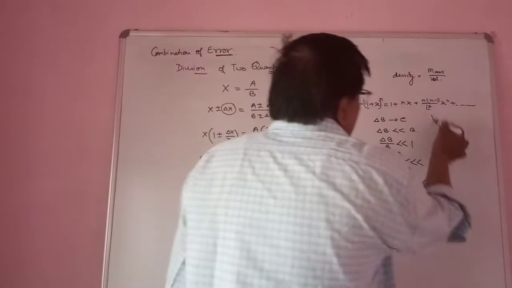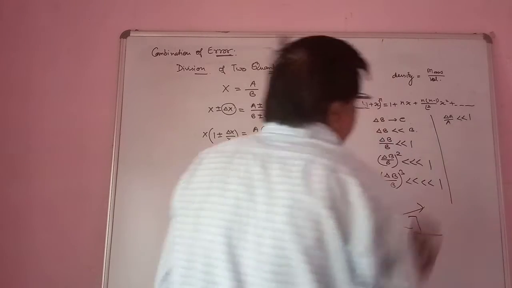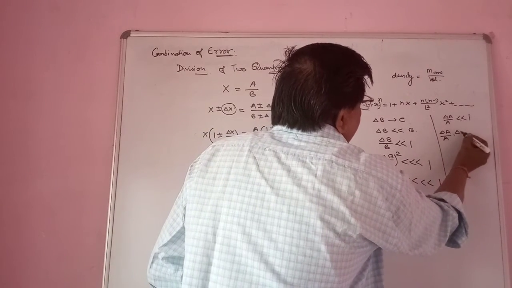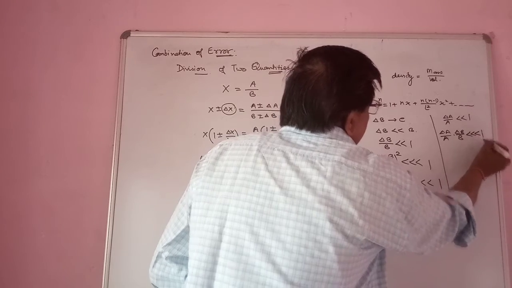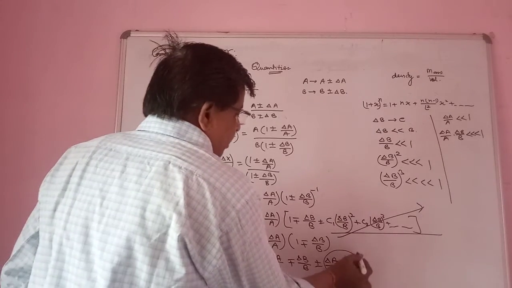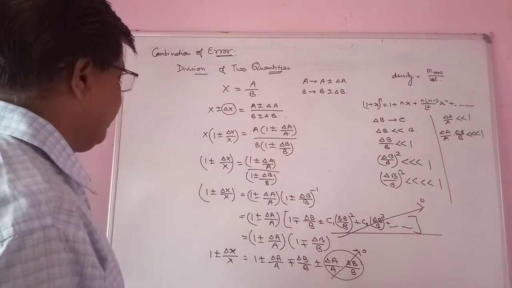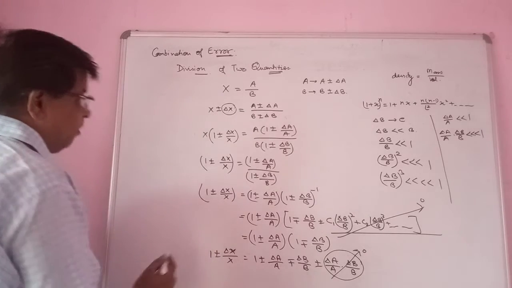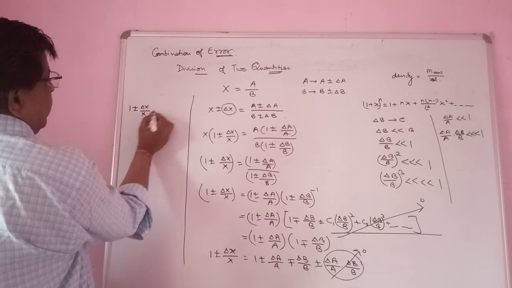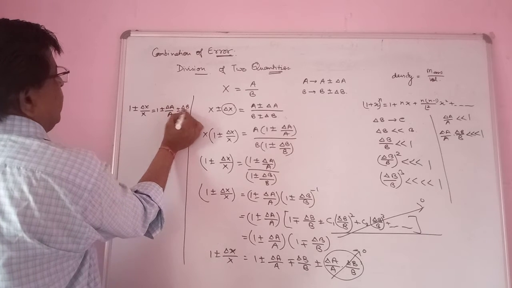We have already discussed that delta A upon A is very small, and when we multiply delta A upon A and delta B upon B, the quantity becomes even smaller. So we can neglect this term, cancel 1 with 1, and we get 1 plus minus delta X upon X equal to 1 plus minus delta A upon A plus minus delta B upon B.